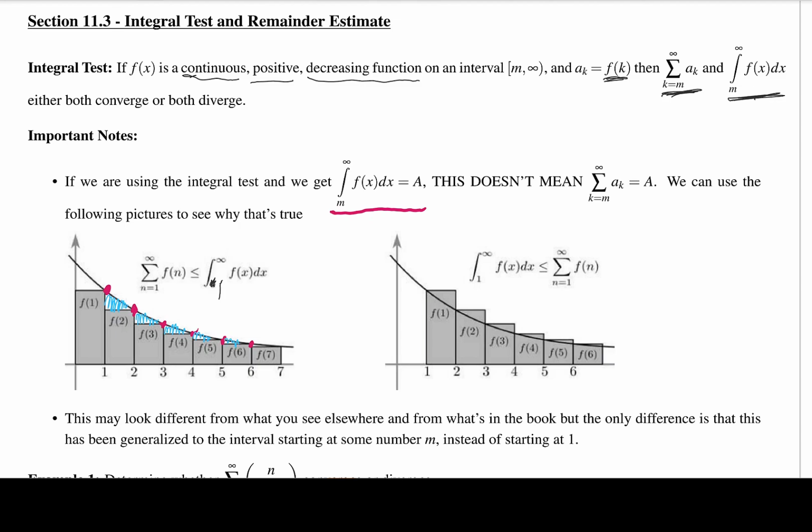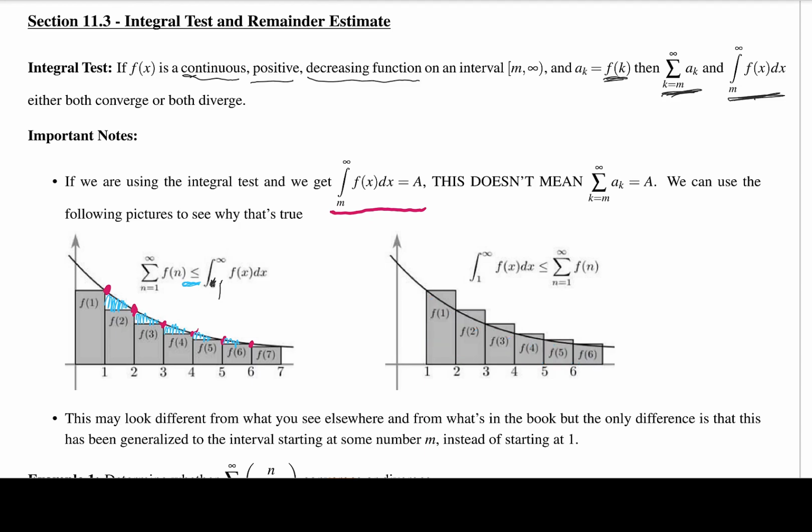And so what's going to happen is that this integral is going to be greater than or equal to our sum, right? And so that's one case where the integral and the sum are not going to be equal. Now, if we have some case like this over here on the right, then the integral is going to calculate all of this area under the curve. But notice that the sum goes above our function slightly.